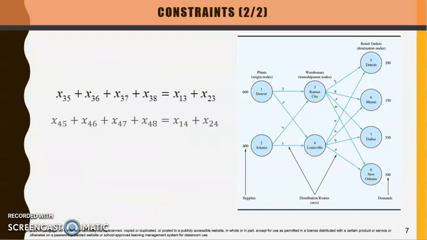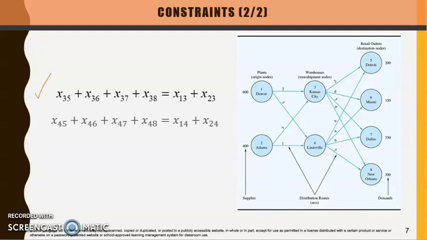The logic behind them is this: the inflow to the transshipment node equals the outflow. Let's check for the first one.